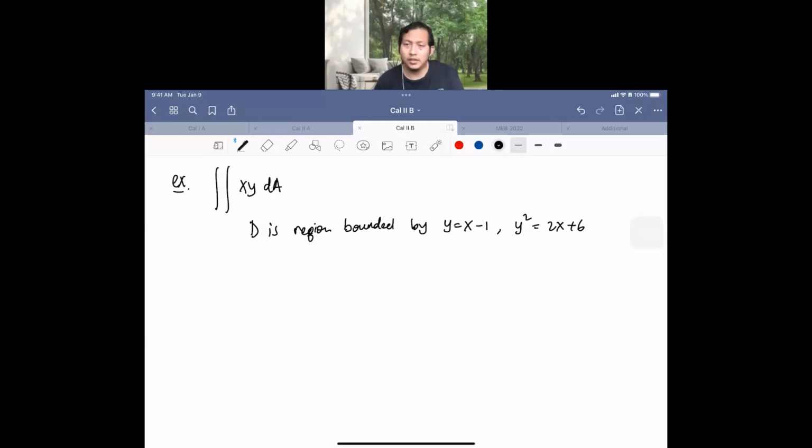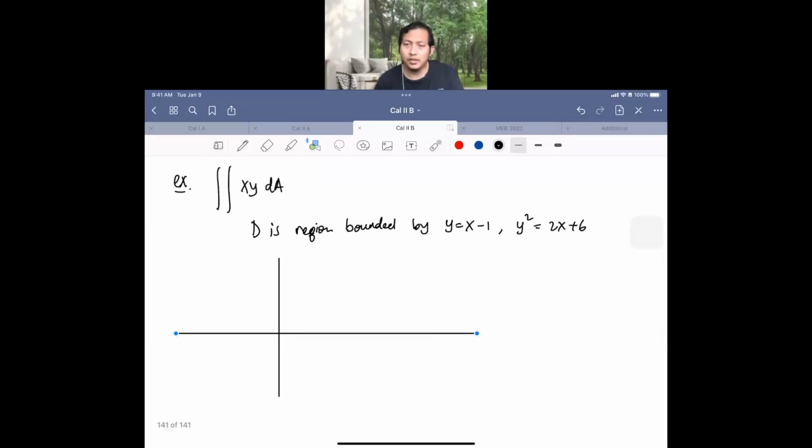Now first we could draw this, and it depends on which preference you are going to use. For both cases it's still doable, but I think using function of y is probably the better choice, right?